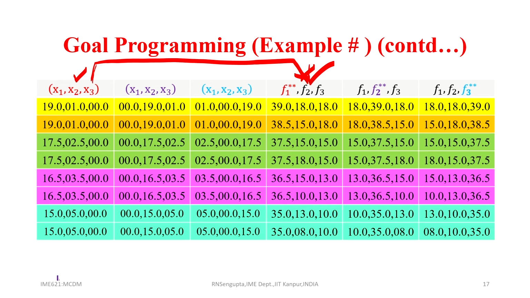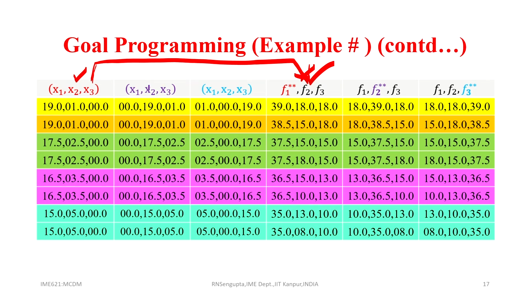That becomes obvious if you see the heading of the first column, x1, x2, x3, which is in red. Similarly, the heading f1 double star is in red, while f2 and f3 are in their usual black font color.